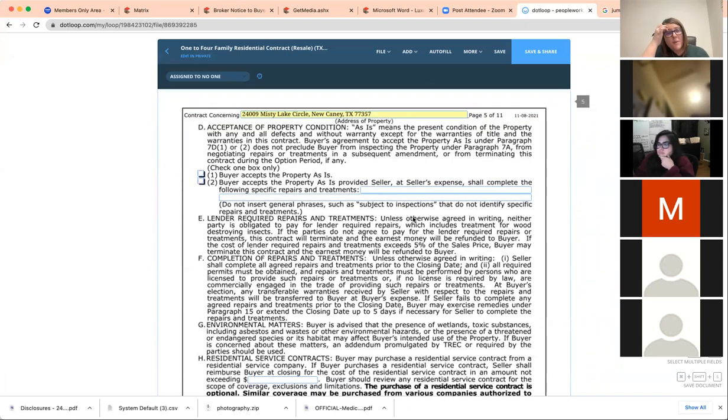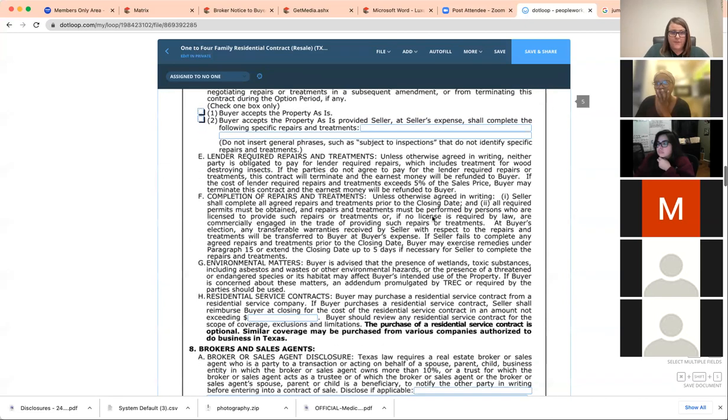And please know from a buyer standpoint, the condition of the property has to be at closing the same as when you execute this document. So if there is a giant hole in the wall and you don't negotiate it, that hole in the wall stays, technically per contract. Now, if you renegotiate it during inspections, that's different.